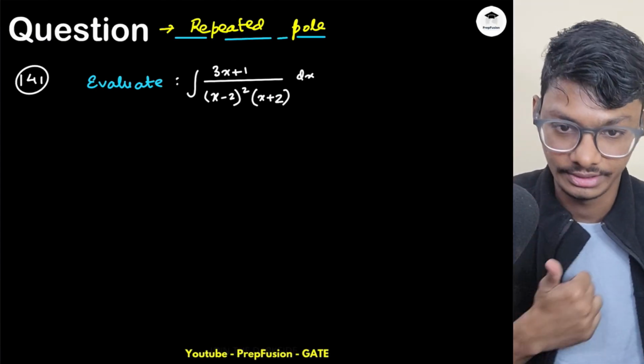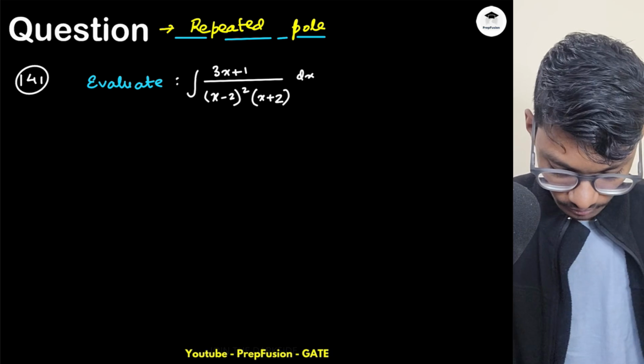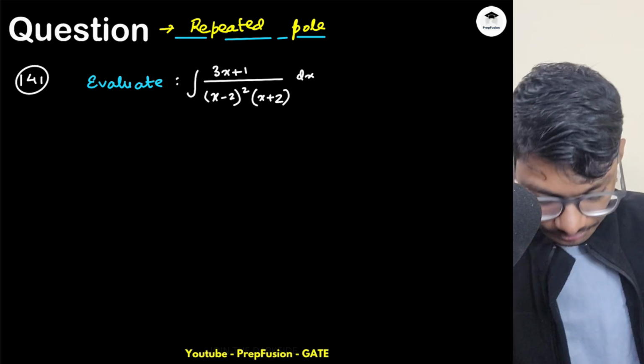So again, when you have repeated poles, what you can do is write it in terms of this.